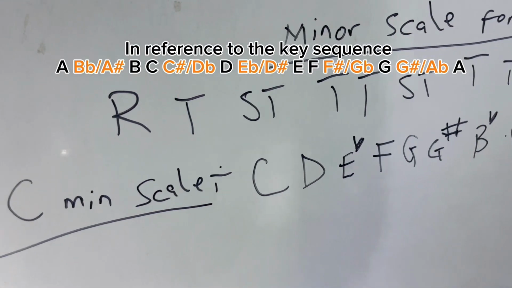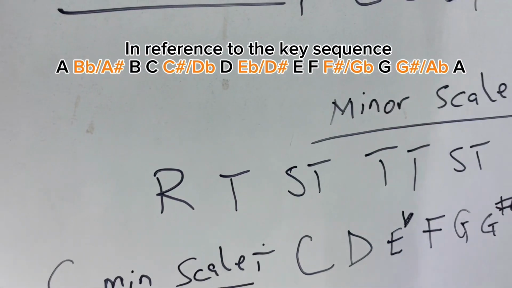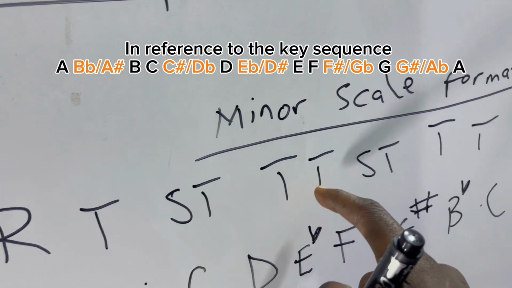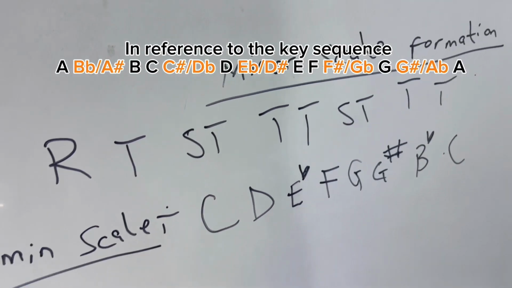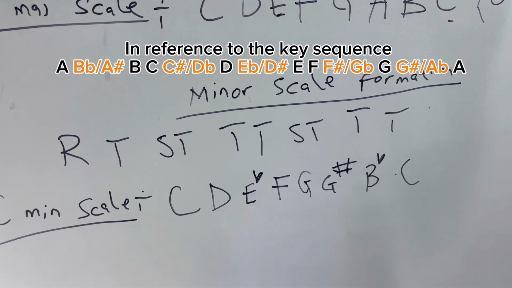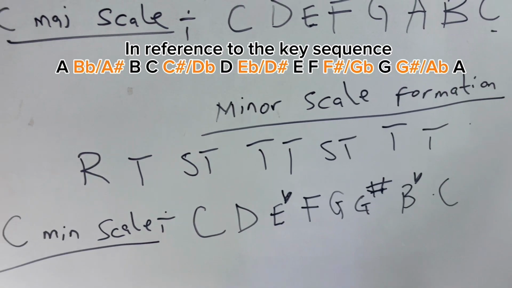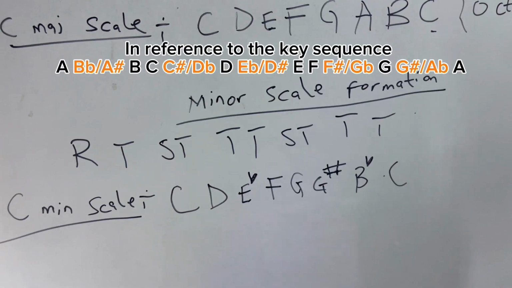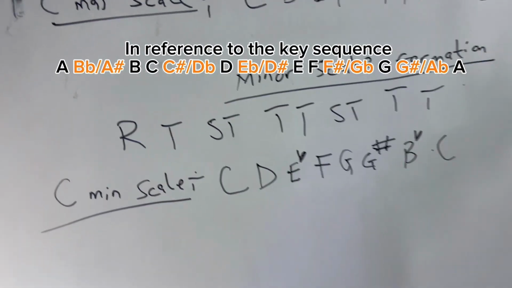So the minor scale, this is how you formulate the formula. If you forget anything else, remember the formula: root note, tone, semitone, tone, tone, semitone, tone, tone. And the best thing about bass guitar is the formula is the same for all keys, and the shape is the same. Very good.